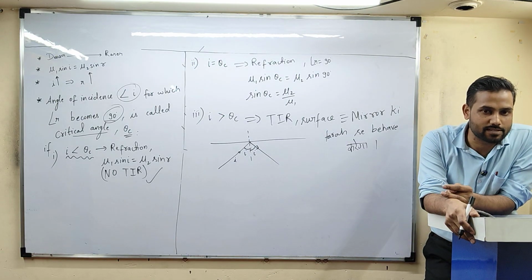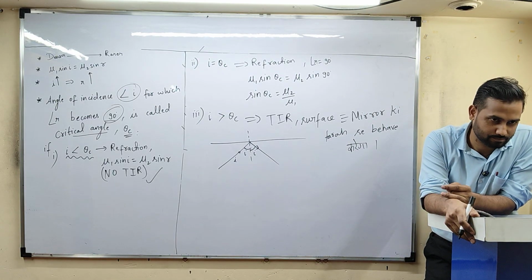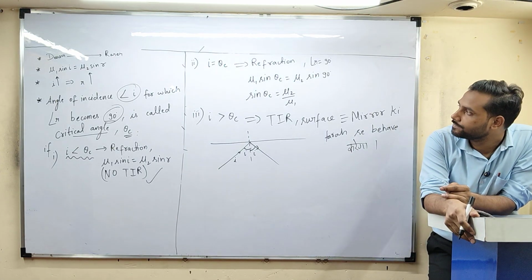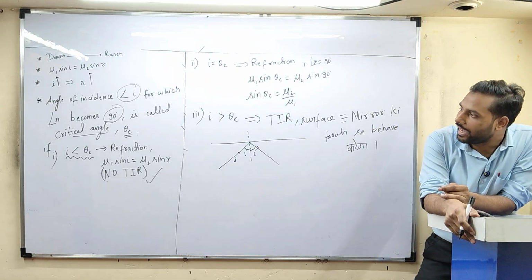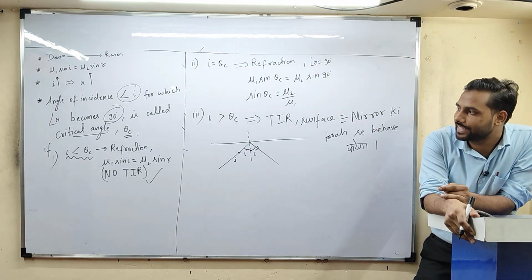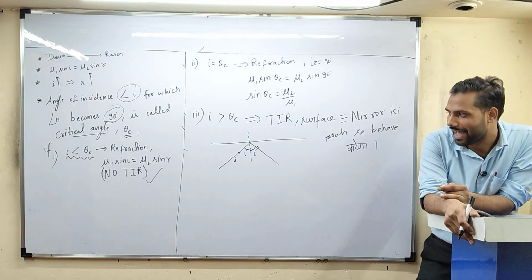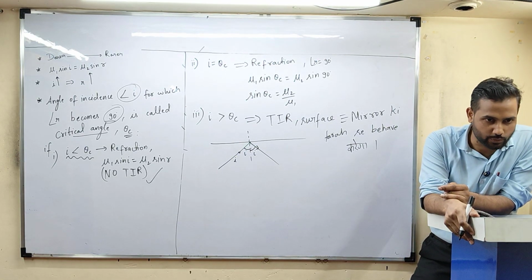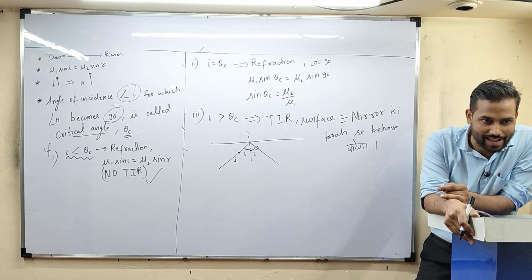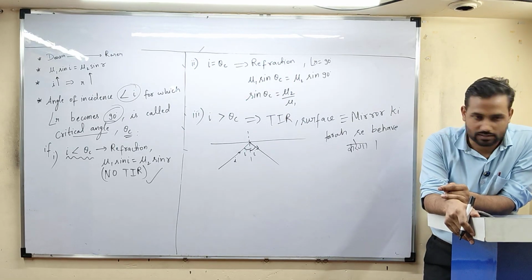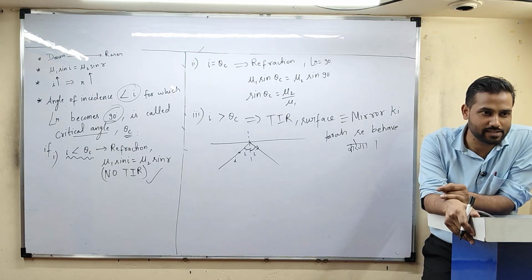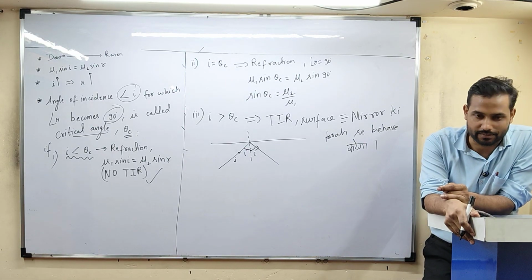Then the surface starts behaving like a mirror. When angle of incidence is less than critical angle, refraction happens and no TIR happens in that scenario. But what if angle of incidence is greater than critical angle? Then TIR happens and the surface behaves like a mirror.